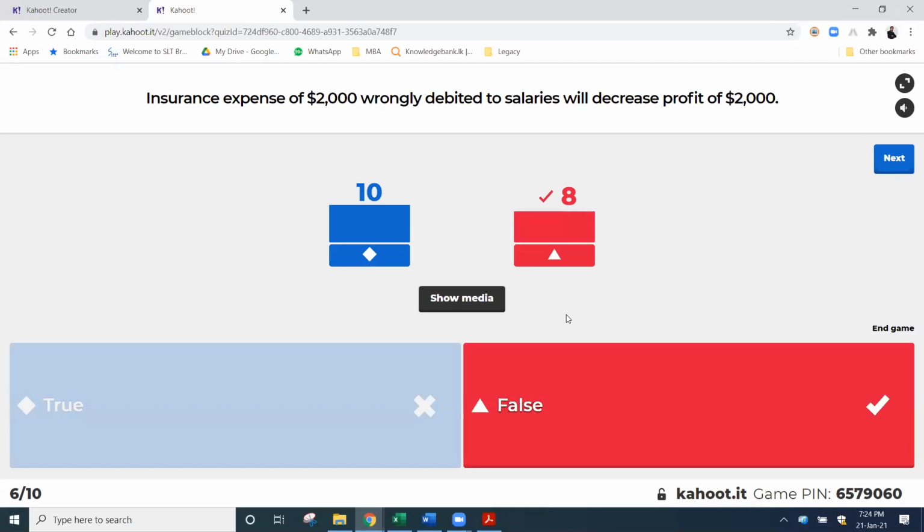There's no change, so it's false. If you record it in insurance account or salaries account, it doesn't decrease the profit. The effect is the same.